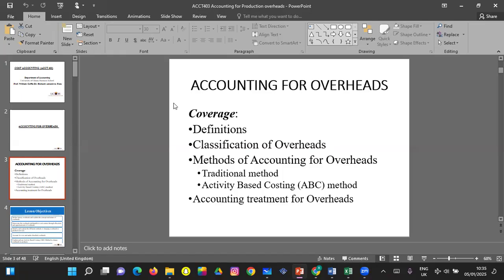The prime cost is the aggregate of direct cost, and the overhead is the aggregate of all indirect costs. Under this, we are going to talk about the definitions, classification of overheads, methods of accounting for overheads, which is the traditional method, then activity-based costing, which is the ABC method, then accounting treatment for overhead.